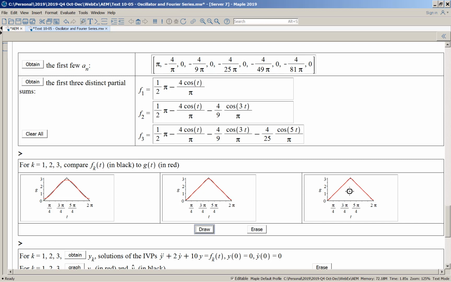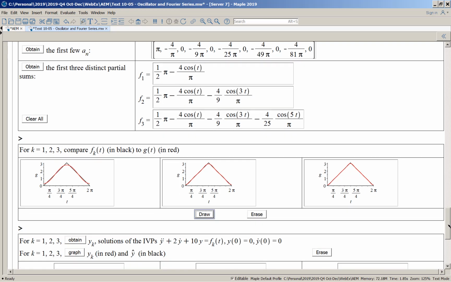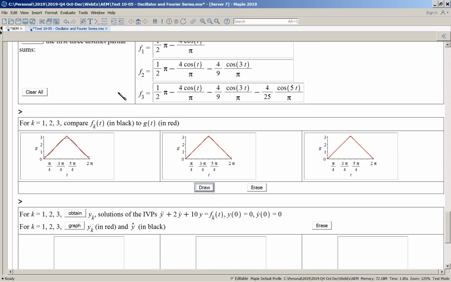And even f3, there's a discrepancy up at the peak, and it's not perfect at the endpoints. But I'm going to use those three functions, f1, f2, f3, as driving terms in this initial value problem.